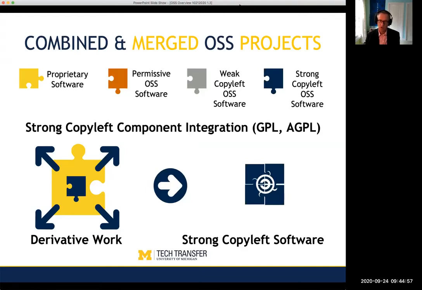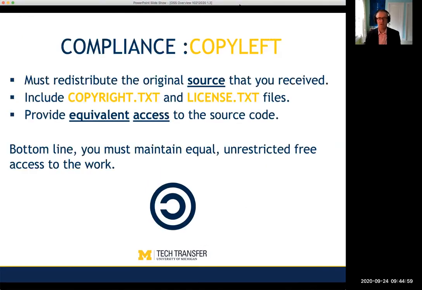So key point to keep in mind here is when you use a copyleft license, such as the GPL family, you're going to end up with a GPL product. That's what's going to happen. You're going to have to keep the code open. You're going to generally, as best form, be required to distribute the code or provide what's called equivalent access to the source code.